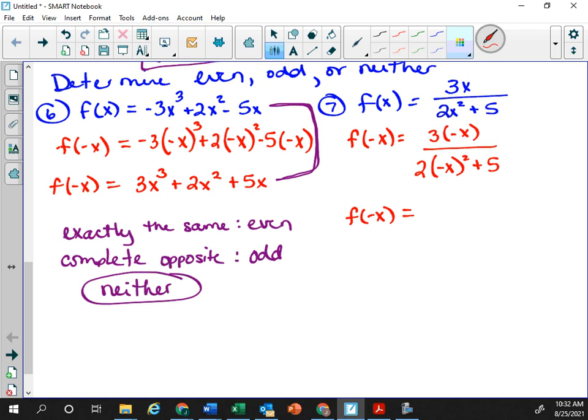And then we simplify. So I've got negative 3x as my numerator, and I've got 2x squared plus 5 as my denominator.